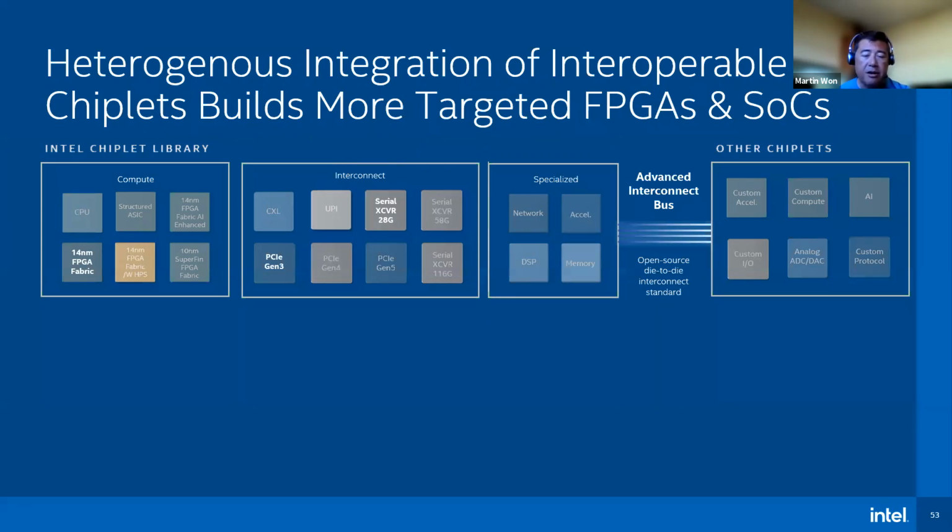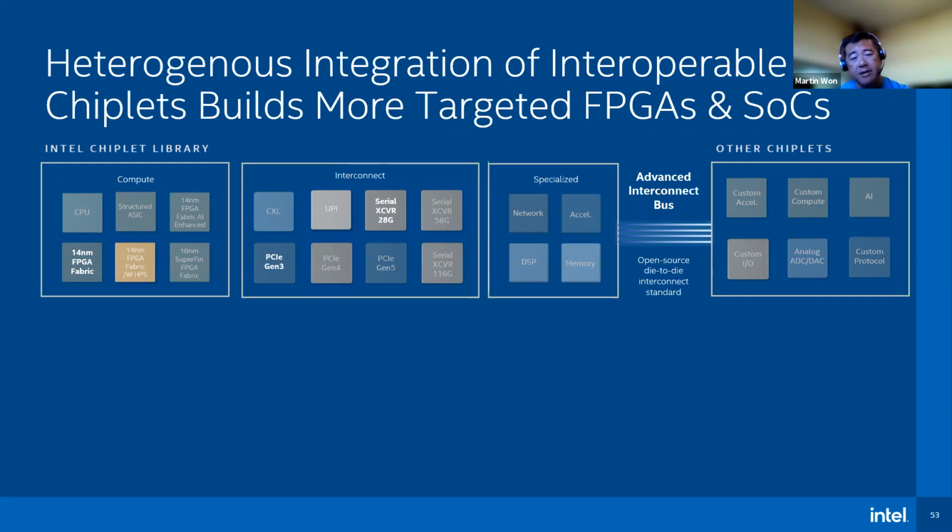So these include various FPGA fabrics, so the logic, the DSP, the memory, the interconnect that you commonly associate with an FPGA there in the box on the left-hand side, as well as interconnect type chiplets like high-speed transceivers, PCI Express that you see there in the middle, as well as more specialized chiplets for specific capabilities like DSP and networking.